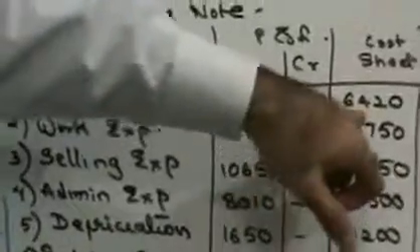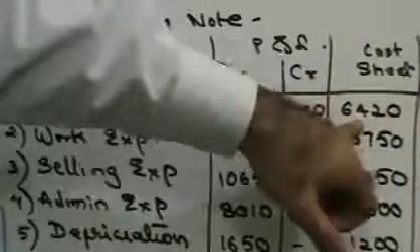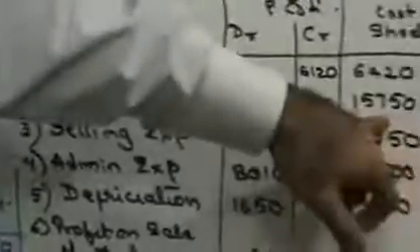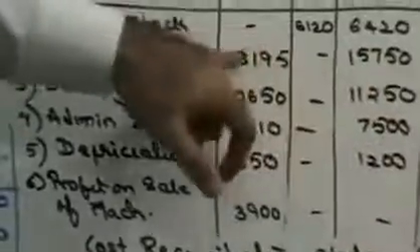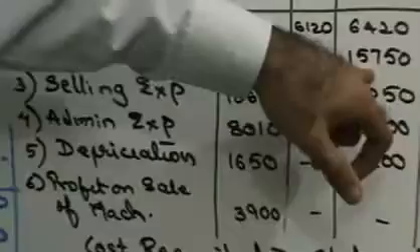Closing stock, guys, is 6420 here, 6120 here. It is more in cost sheet, but it's a credit side entry. More is less. So therefore this will go here, closing stock. Someone just give me the difference, please. 300. Right? Next, let's look at work expenses, guys. Work expenses are 15,750 and 18,195. It is less in cost sheet.